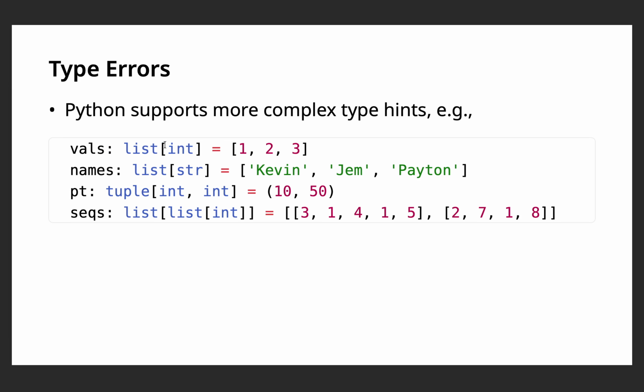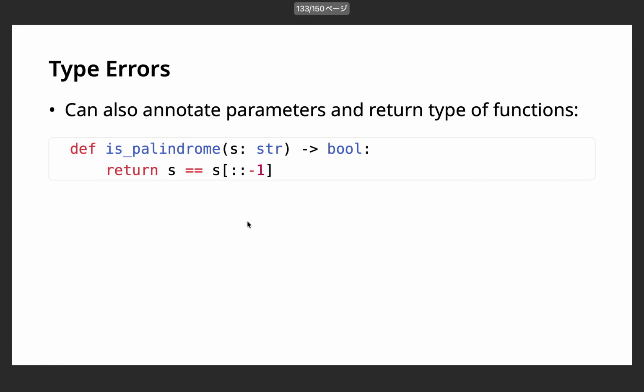Just wrap int around list. If you want a tuple of two things, of two integers, for example, you would write it as tuple containing two integers. Of course you can also have nested sequences, so you can also have type hints like this. So it's a list of integers.